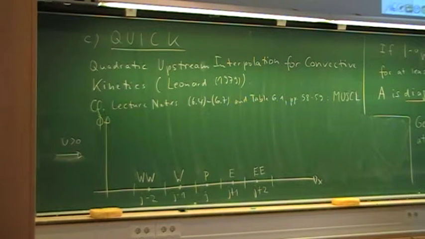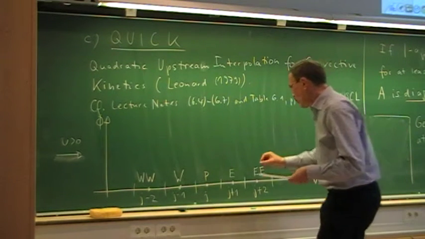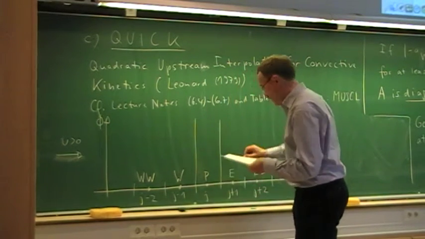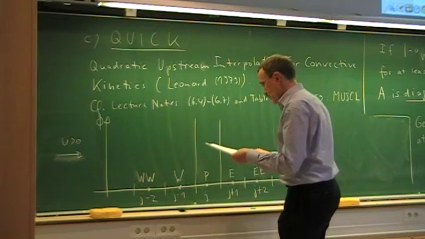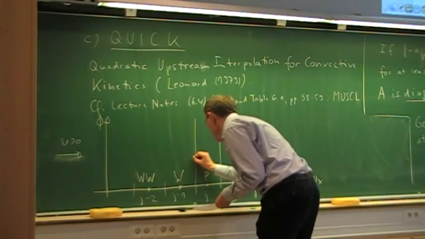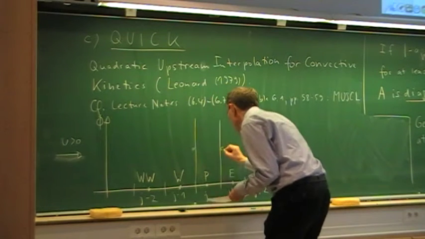So that is already something new, because so far we had only finite volume methods that needed P and east and west neighbors. Now we need more. What we need to compute is the fluxes at the eastern and western faces. So say that is our western face, that is our eastern face.